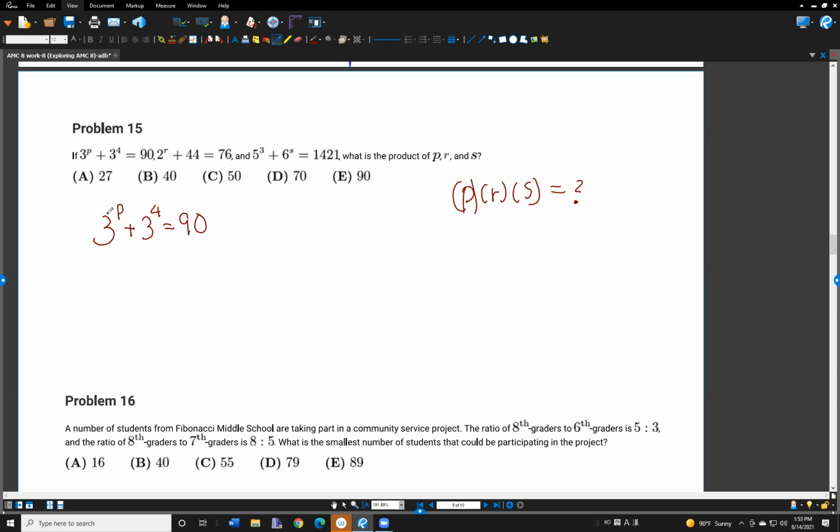From here, find P. The next one, 2 to the R plus 44 equals 76. Find out the value of R. Third one, 5 to the third times 6 to the S power equals 1421. From here, find out the value of S.